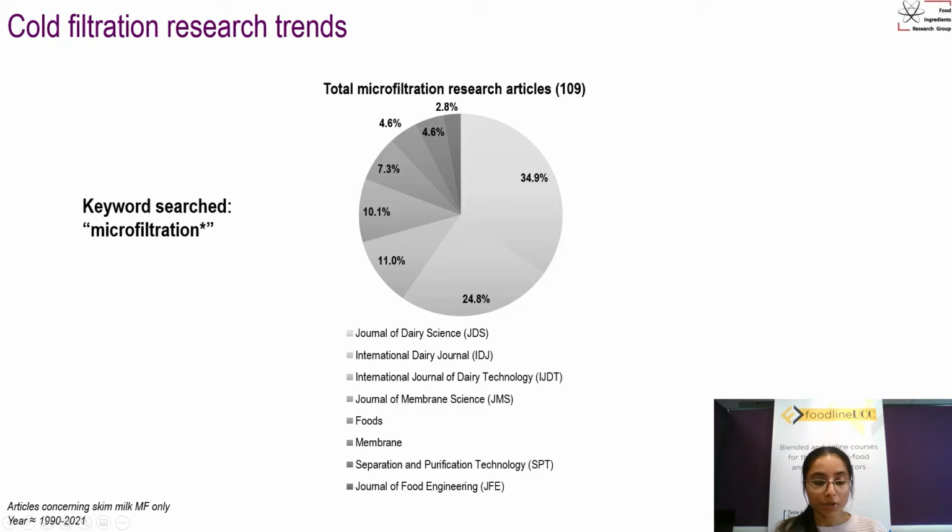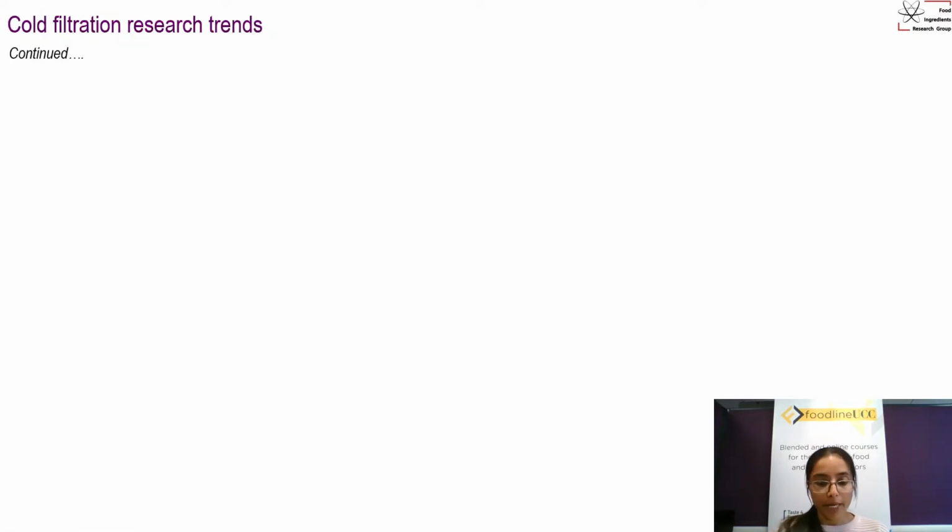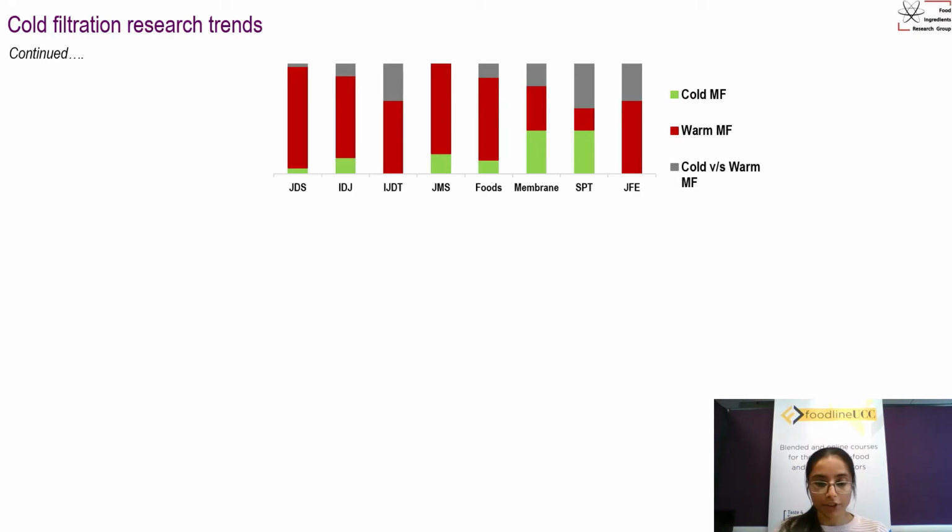So I found in total 109 articles, out of which the highest number were published in Journal of Dairy Science, followed by International Dairy Journal.